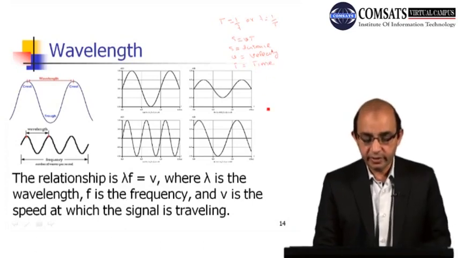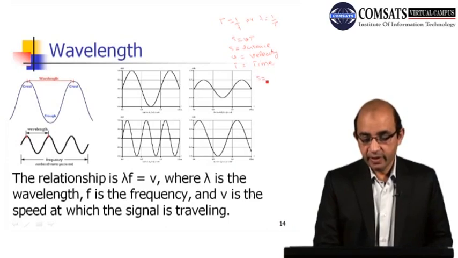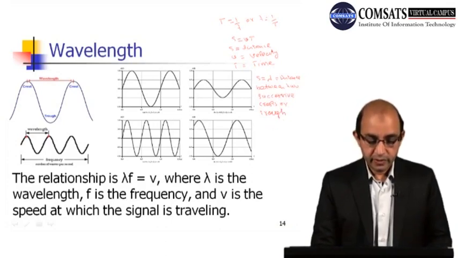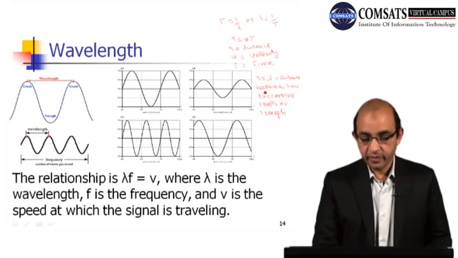In case of different waves, or when we are dealing with different signals, S will be lambda, that is the distance between two successive crests or troughs, or the distance between two similar points on a periodic wave.